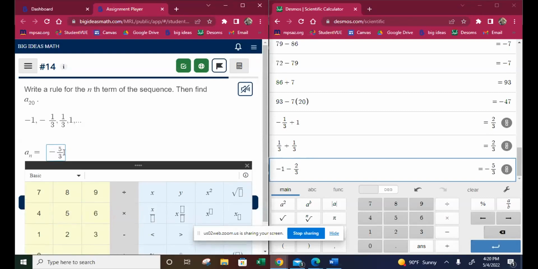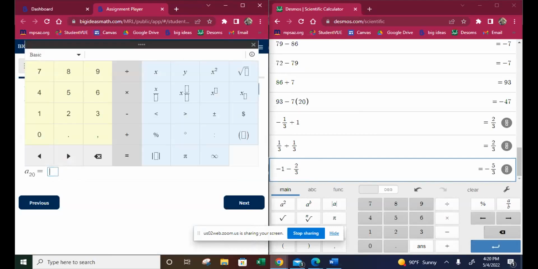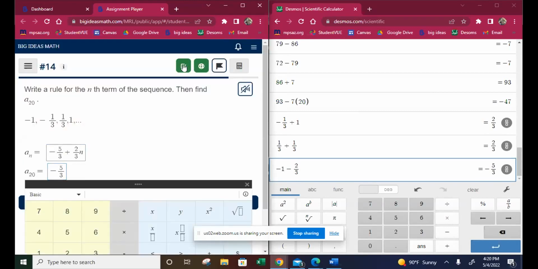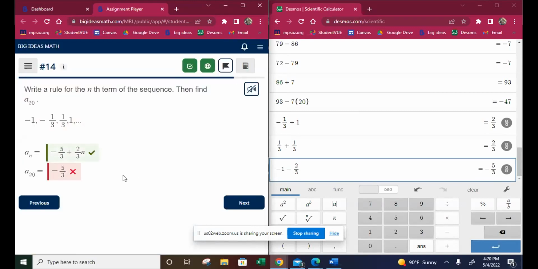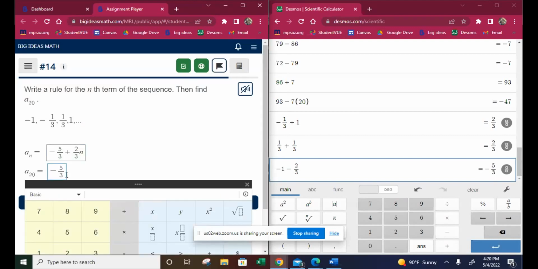And then plus 2/3 n. And there you're going to want to enter that on the right side so you can get that 20th term. You've got to go calculate that.